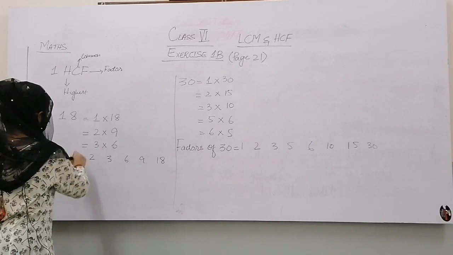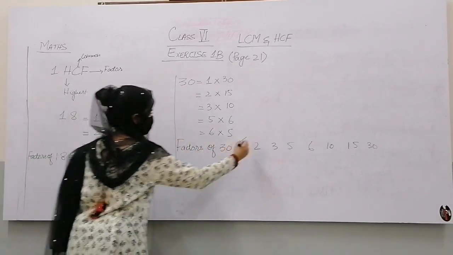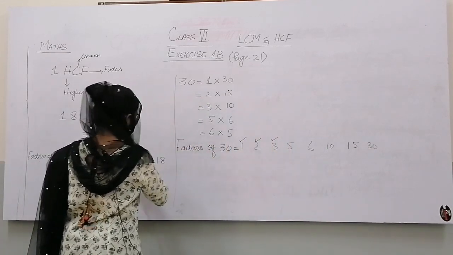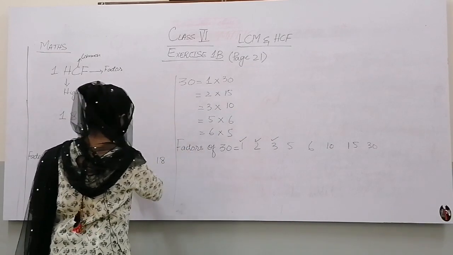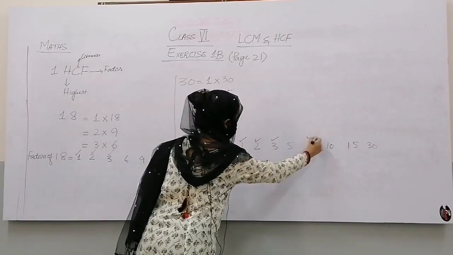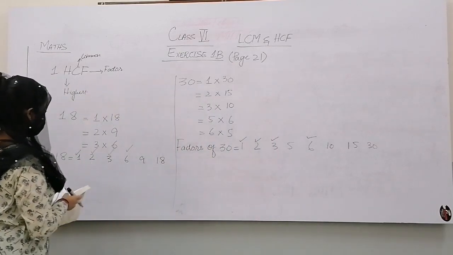Which of these are common? 1, 2, 3. 5 is here but not here, so 5 is not a common factor. 6 is common, and that's it.